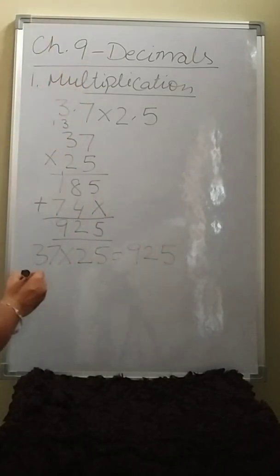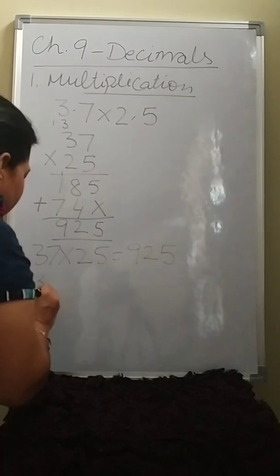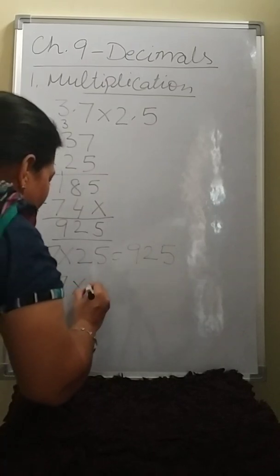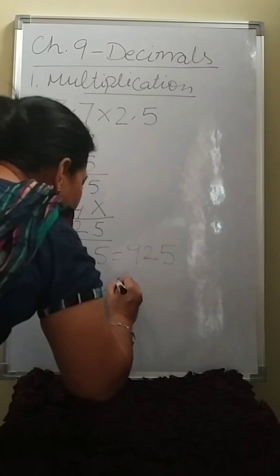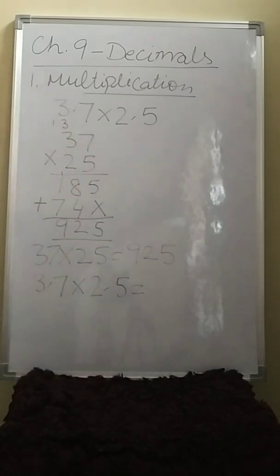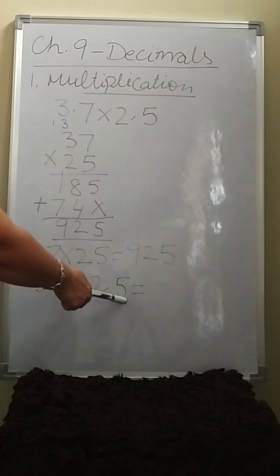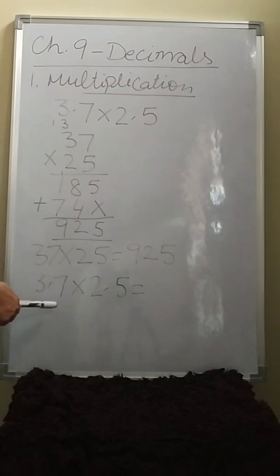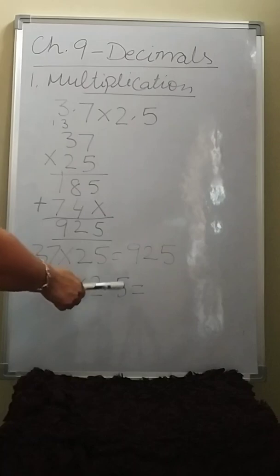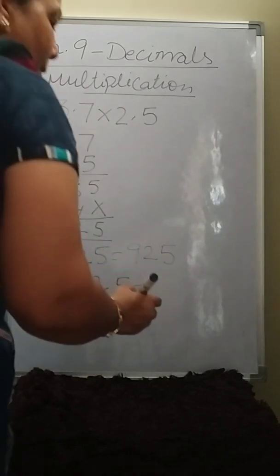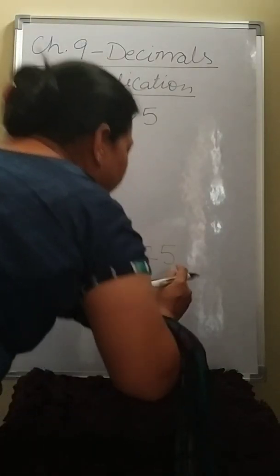Now if we have to multiply 3.7 into 2.5, how to do it? Here in this number the decimal is before one digit. Here also the decimal is before one digit. So 1 plus 1 is 2. In the answer the decimal will be before two digits.